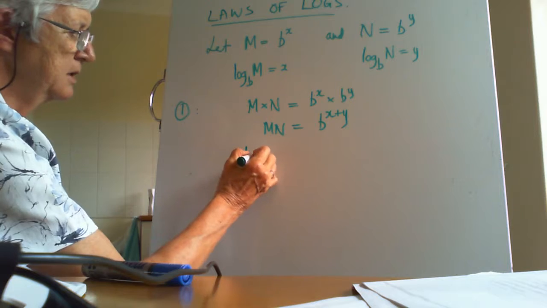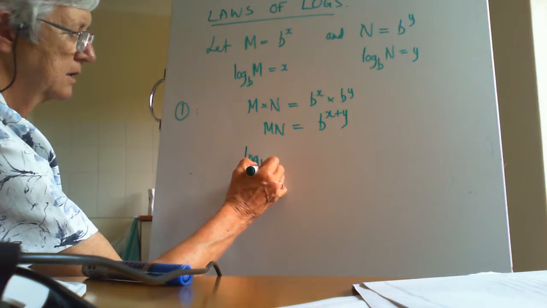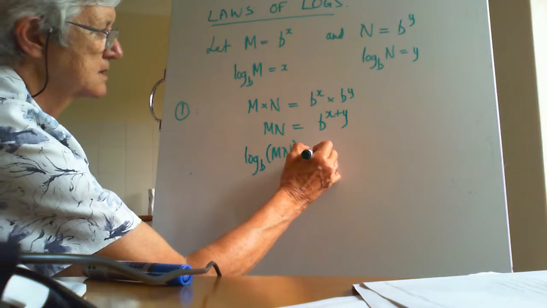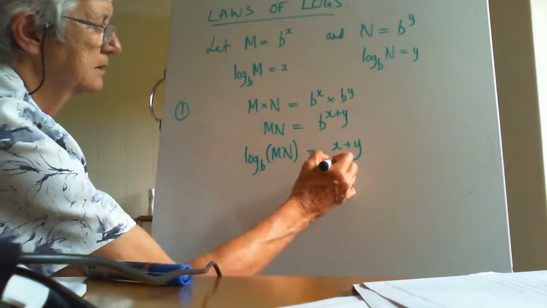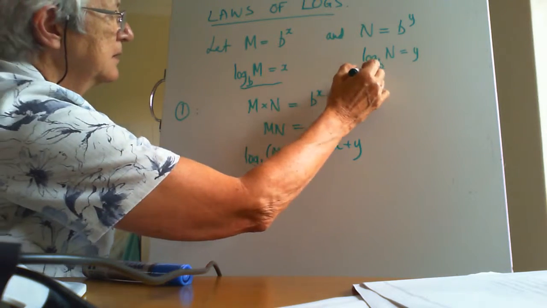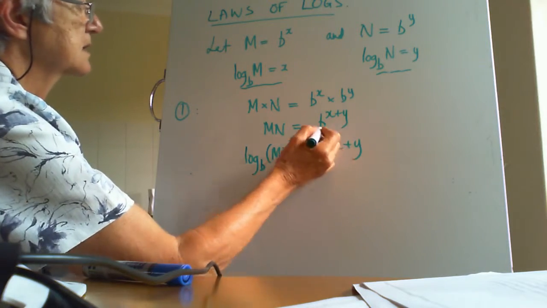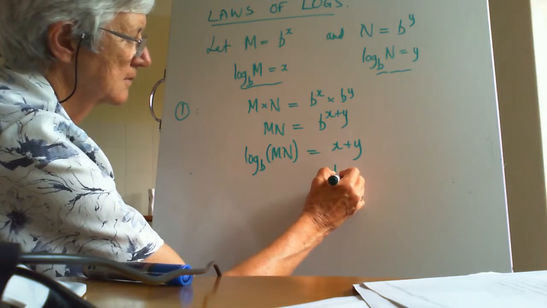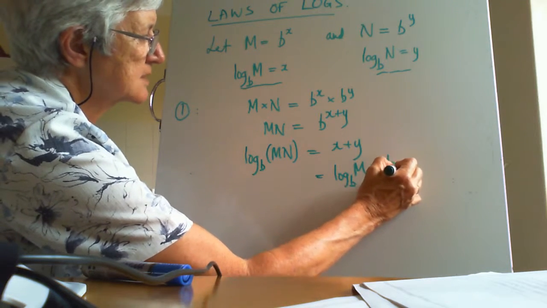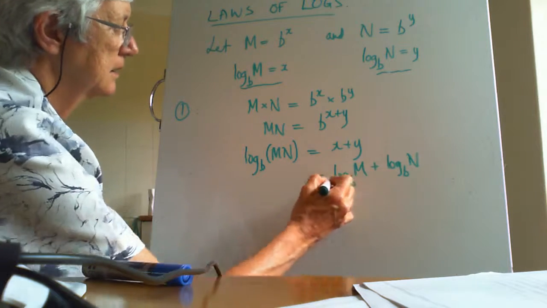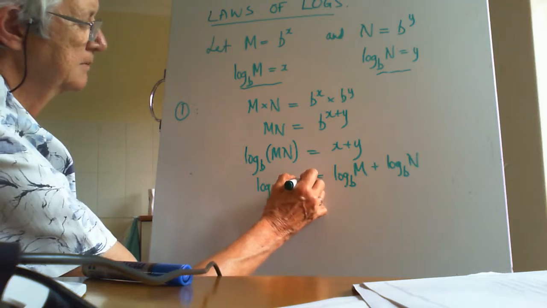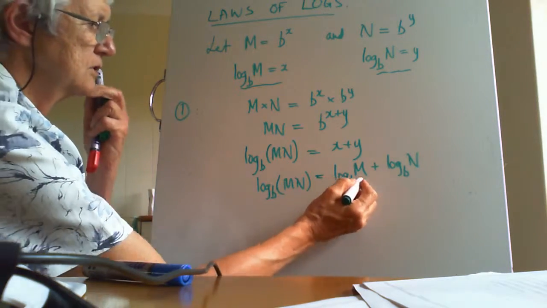So we'd say the power of our base which gives mn is x plus y. And then to complete this, we go back to our original definitions up here, and x is log to the base b of m, and y is log to the base b of n. And there you have the first law of logs, that when you multiply two numbers, you add their logs.